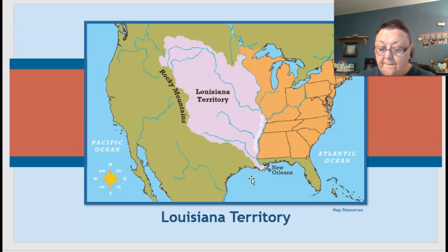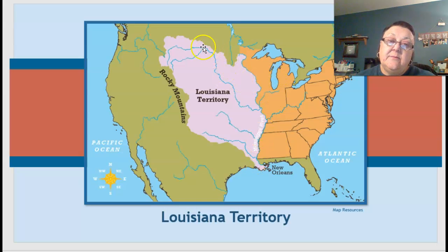So Jefferson sent men to France to talk about the purchase. France surprised Jefferson. It wanted not only to sell New Orleans, this area here, but it wanted to sell all of this land, about 820 acres in total.